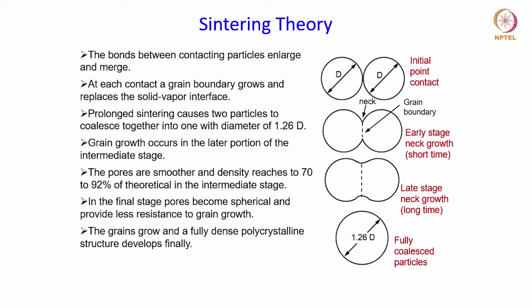So now coming back to this bonding process. This again depicts the sintering process as it proceeds, starting from the development of the neck at the contact points during the early stage of sintering, and then as the process continues, this neck grows in the later stages when more time is allowed during the sintering at a particular temperature, and if it happens for a prolonged period of time, then the particles can also coalesce to bigger size.